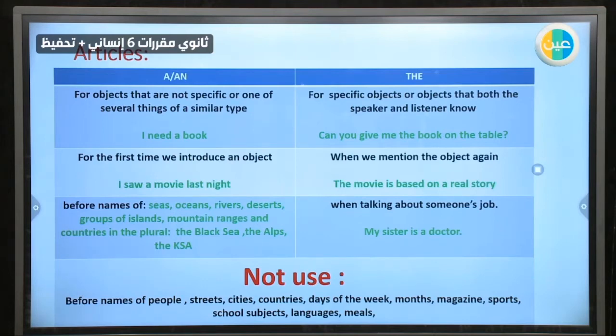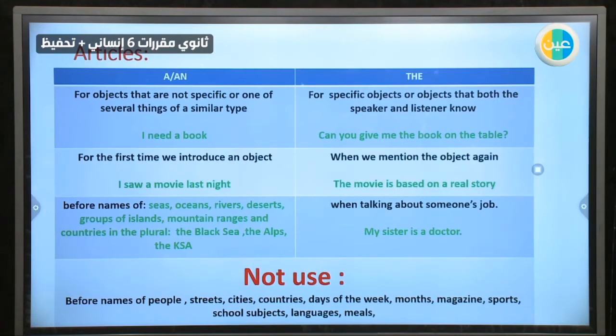So when do we use a and an? For objects that are not specific, or one of several things of a similar type, like I need a book. It's not specific, just a book. The is for specific objects, or objects that both the speaker and listener know, like Can you give me the book on the table?